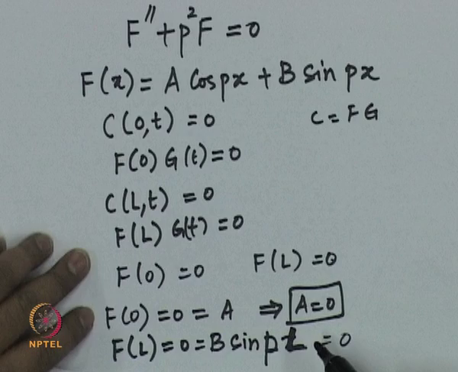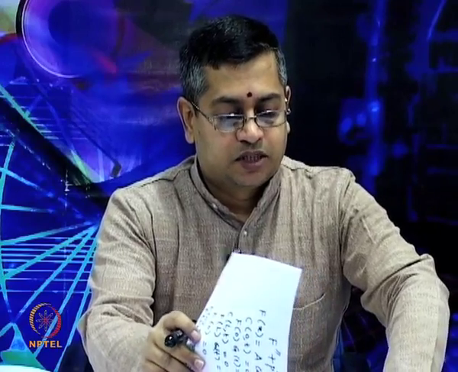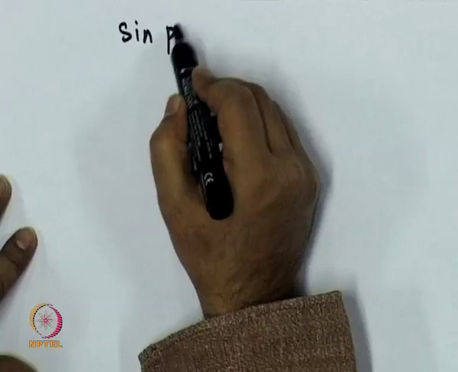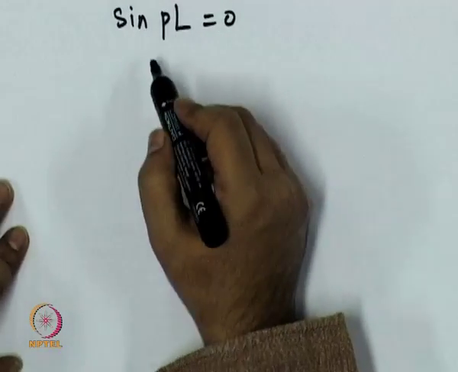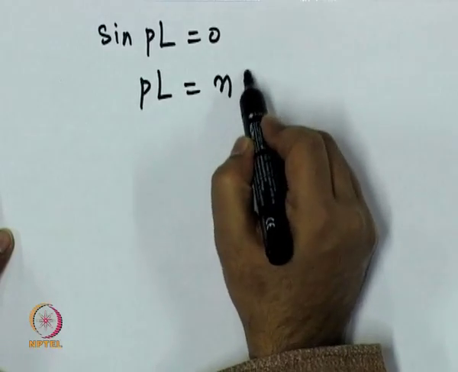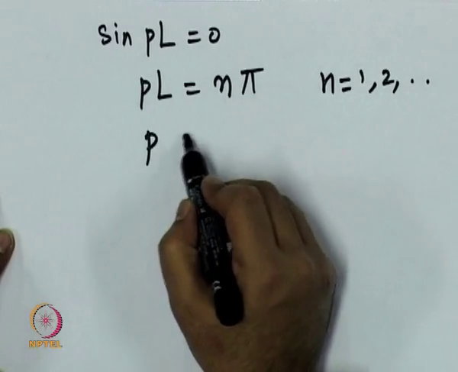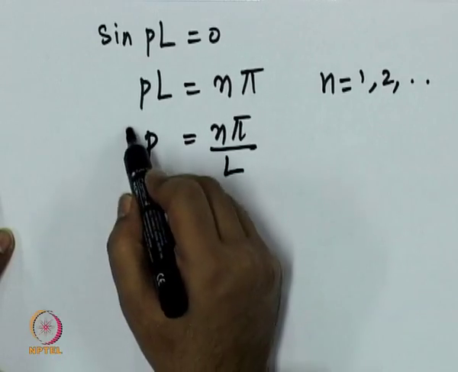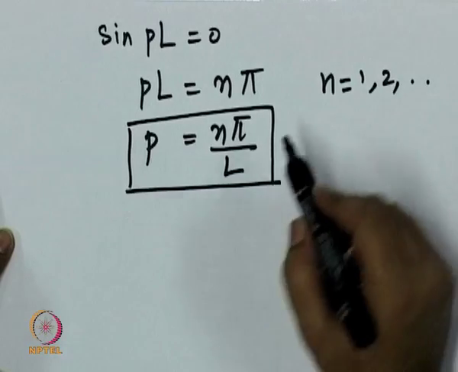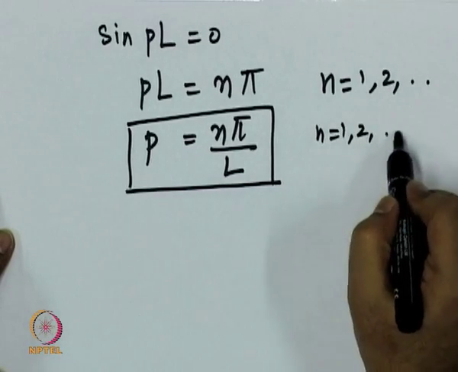When is sin pL equal to 0? You will see that sin pL is 0 if pL is equal to n pi, where n is an integer like 1, 2, etc., which means p is equal to n pi by L, with n running from 1 to etc. Okay.